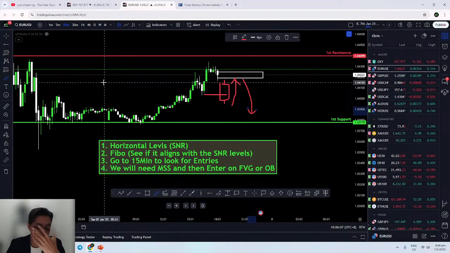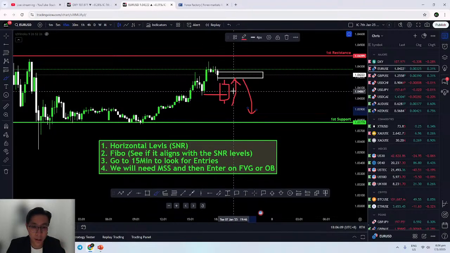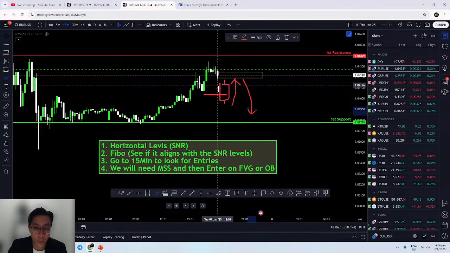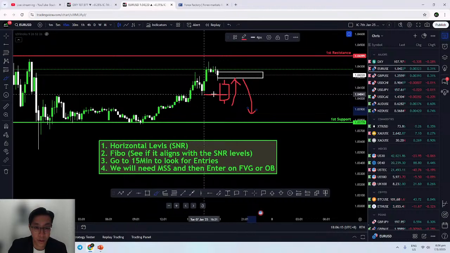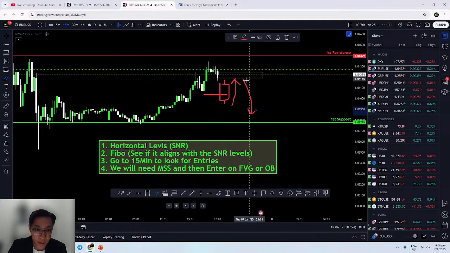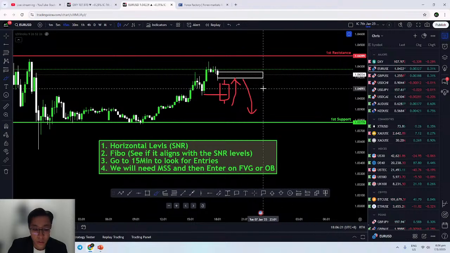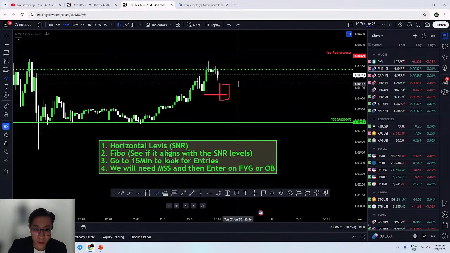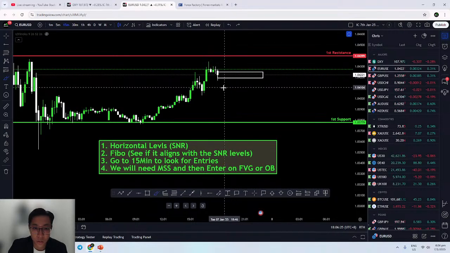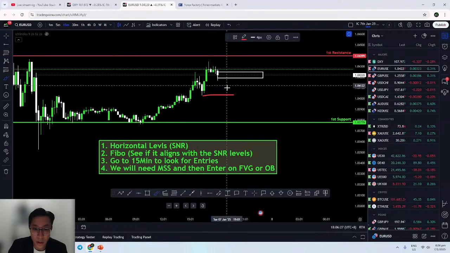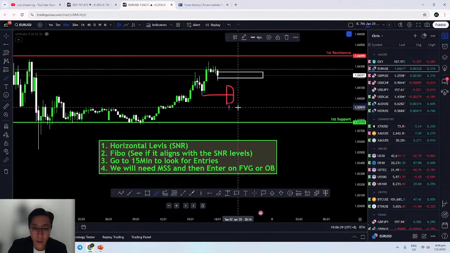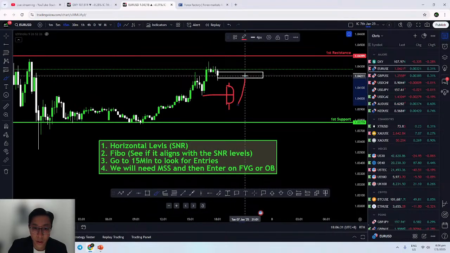So if you understand price action and you see this long enough, you realize that there are a lot of times where price goes down, we have a market structure shift, tests this level and then disrespects it. So what we are looking for is this, and then we have a close, and then enter on the FVG.